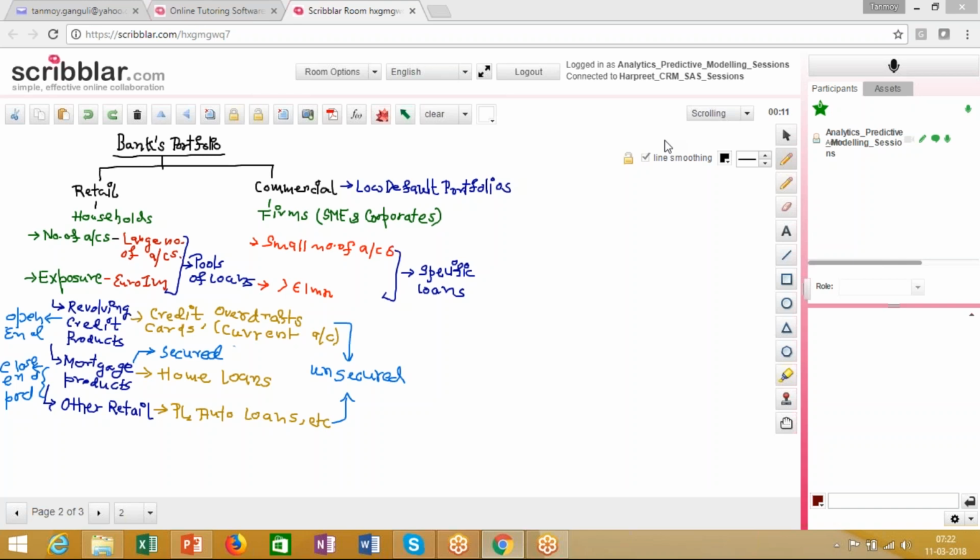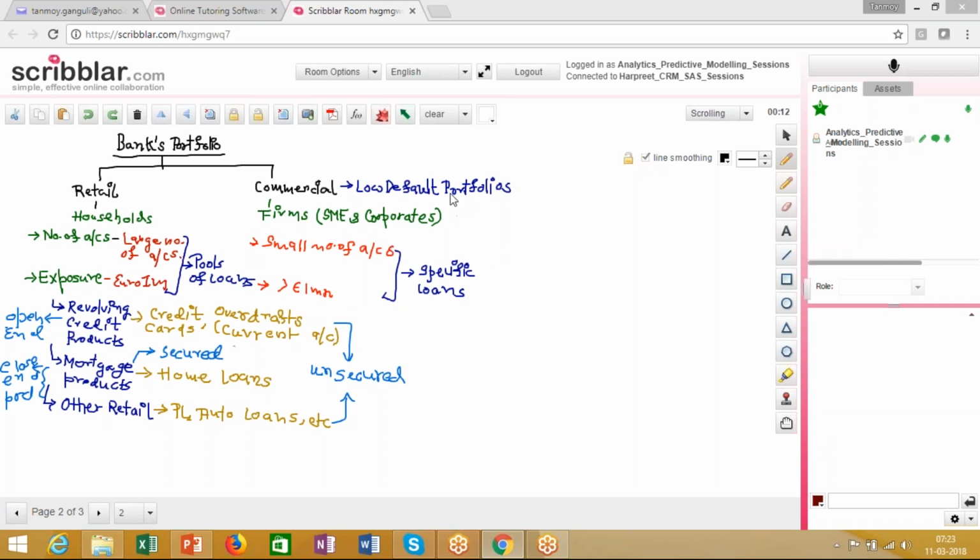Now, like the credit portfolio has different kinds of credit products, there are also different varieties of commercial lending products as well. So, what are these commercial lending products?